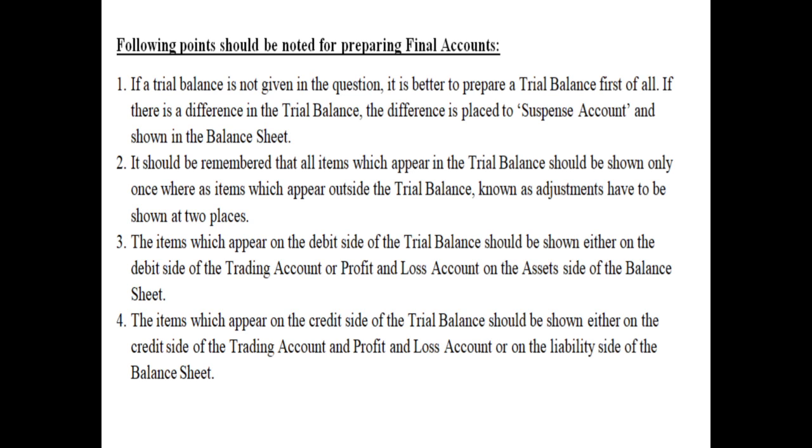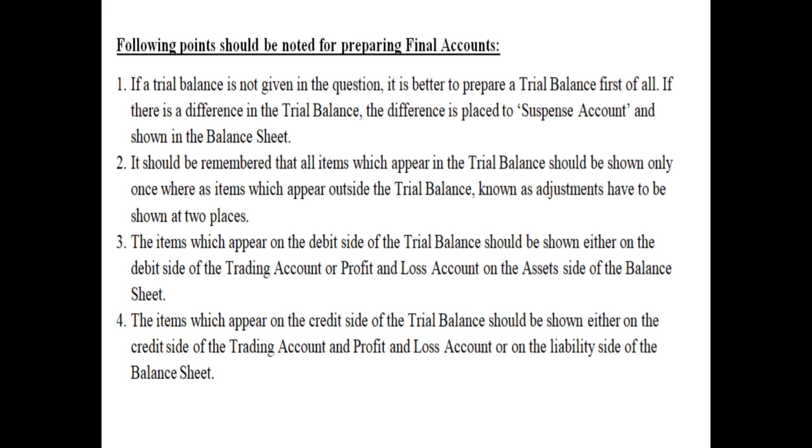Point number 3, the items which appear on the debit side of the trial balance should be shown either on the debit side of trading account or profit and loss account, or on the asset side of the balance sheet. Very easy point. All those items which are shown on the debit side of the trial balance, if they are direct expenses or stocks, opening stock, that will be shown on the debit side of the trading account.